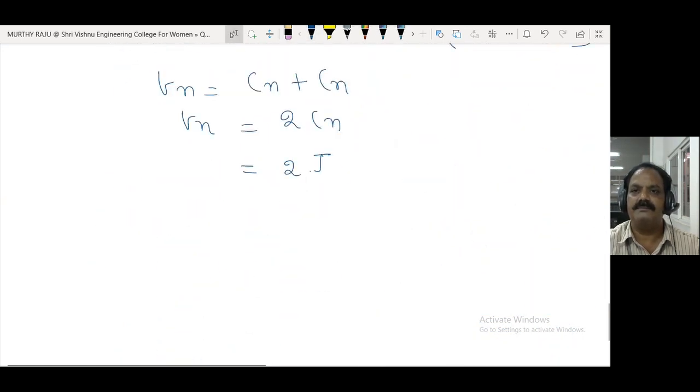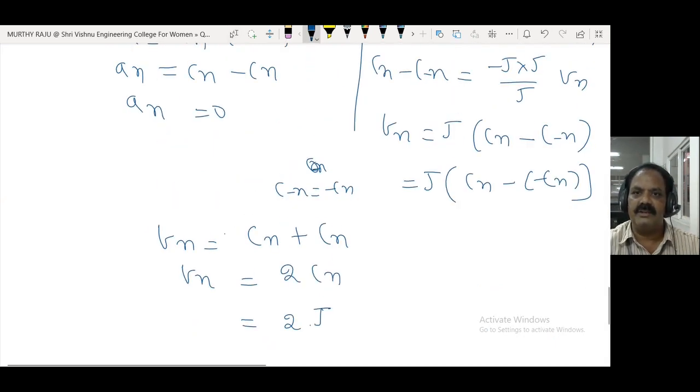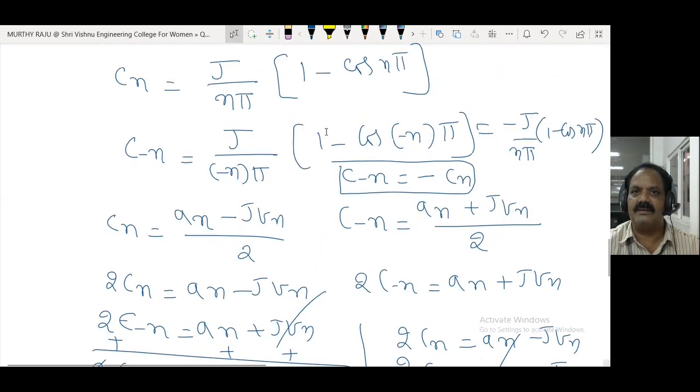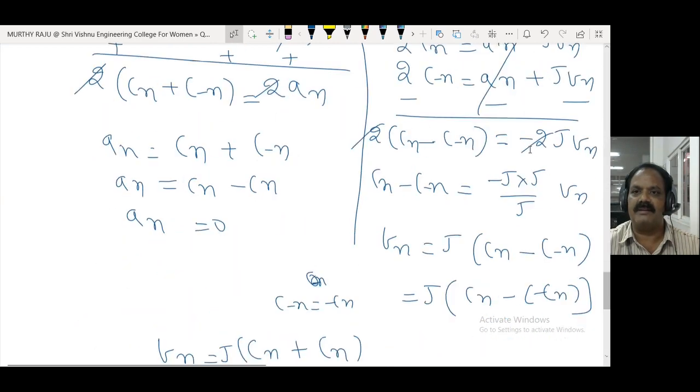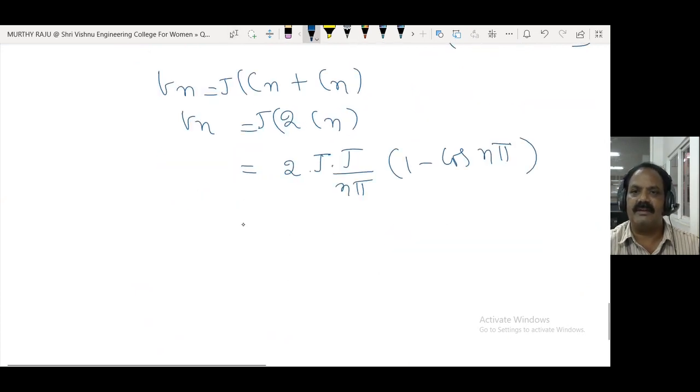Here the j term is also there: j into Cn. Cn is j by n pi into 1 minus cos n pi, so j into j square gives minus 2 by n pi into 1 minus cos n pi.